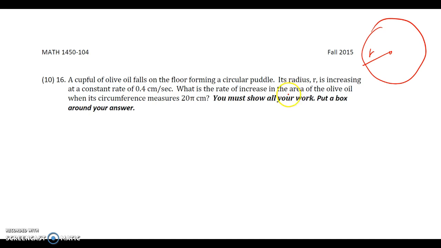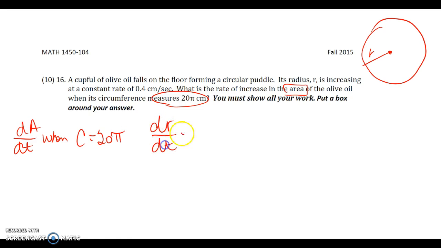What is the rate of increase of the area of the olive oil when the circumference is 20 pi? So here's my picture. What do we want to find? We want to find dA/dt when the circumference equals 20 pi. What do we know? We know dr/dt, and it's increasing, so it's positive.